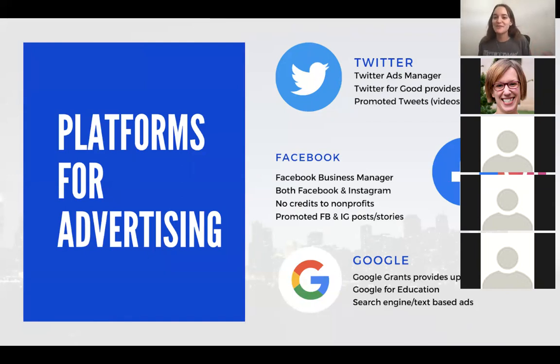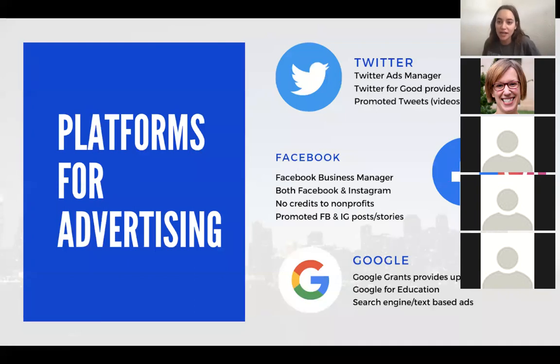But Twitter, Facebook, and Google are 3 ways that you can really easily plug in, get all of your materials plugged into the platforms that you're already using for your social media presence. Twitter and Google especially offer ad credits to nonprofit partners that are interested in promoting their work or seeking donations, things like that. So I'll go platform by platform.